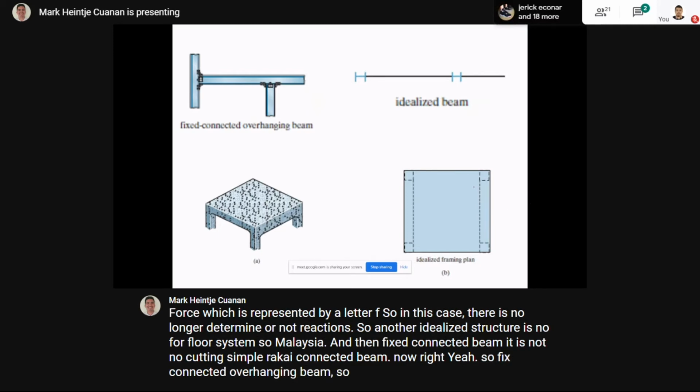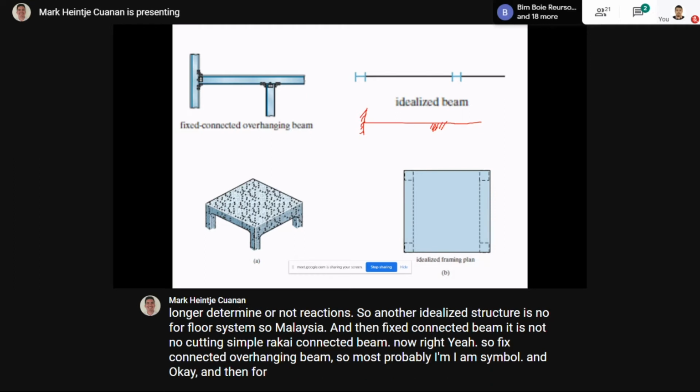Most probably this is its symbol. And here it is also fixed connected. Okay, and then for a concrete floor system, this is its idealized framing plan.